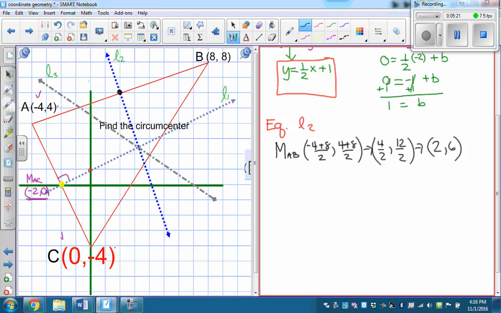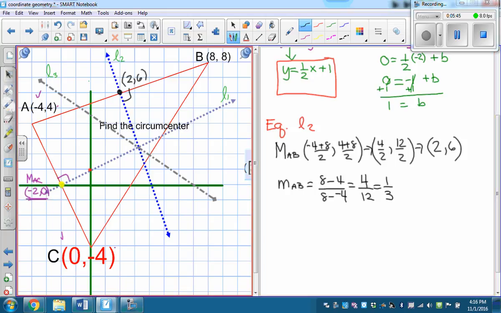Look at your picture, and it looks reasonable. And then the slope of AB is just rise over run. So 8 take away 4 divided by 8 take away negative 4, which is 4 over 12, which is a third.